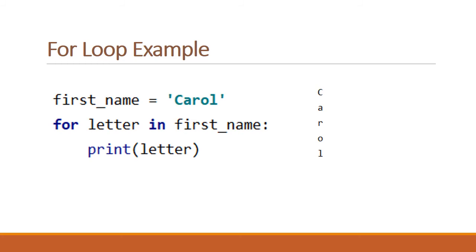The way the computer executes this code, letter is assigned the character C, and that character is printed on the screen. Comes back up, letter is assigned the character A, prints A, and so forth until the computer reaches the end of the characters in the string.